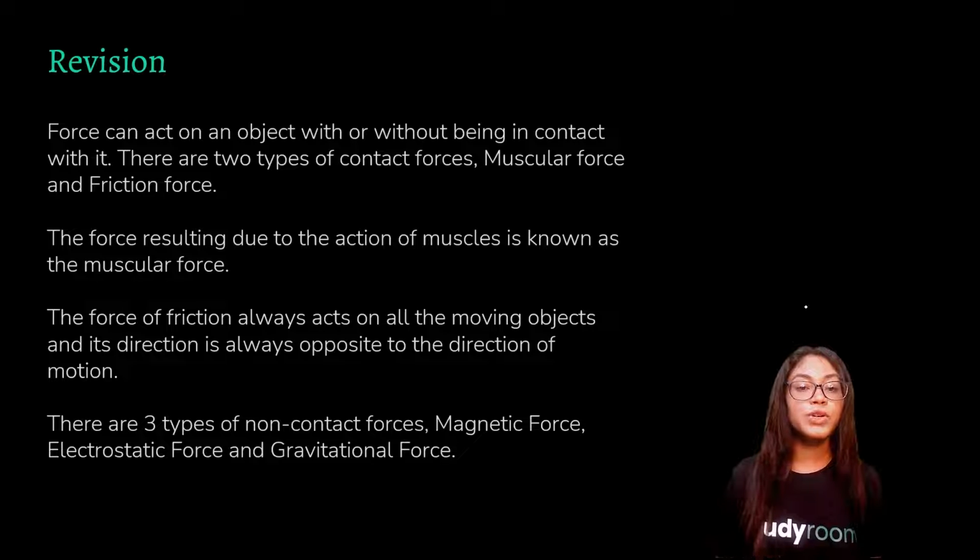The force of friction always acts on all moving objects. It will always be present in all moving objects, and it will always have a direction which is opposite to the direction of motion.